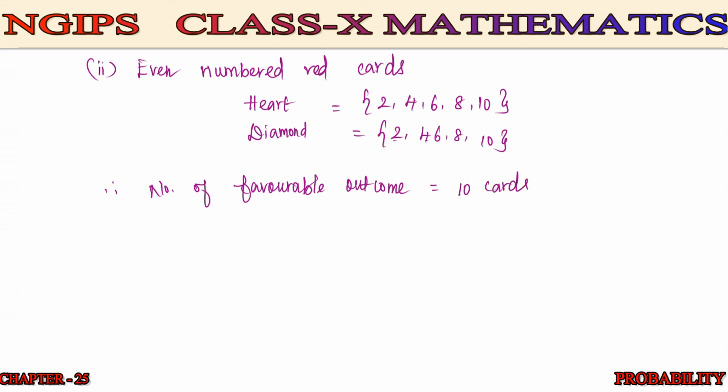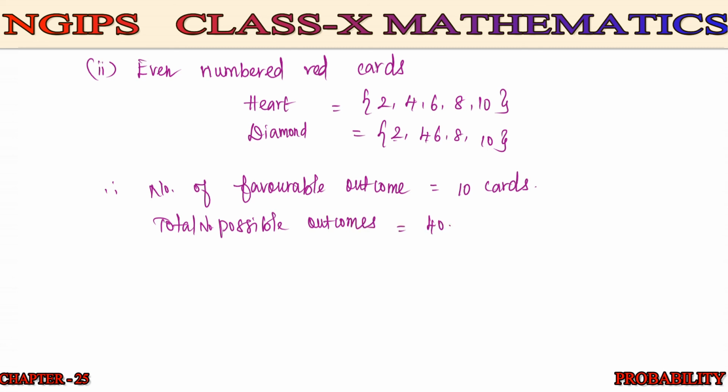Next we need to find out the probability. Total number of possible outcomes is equal to 40.